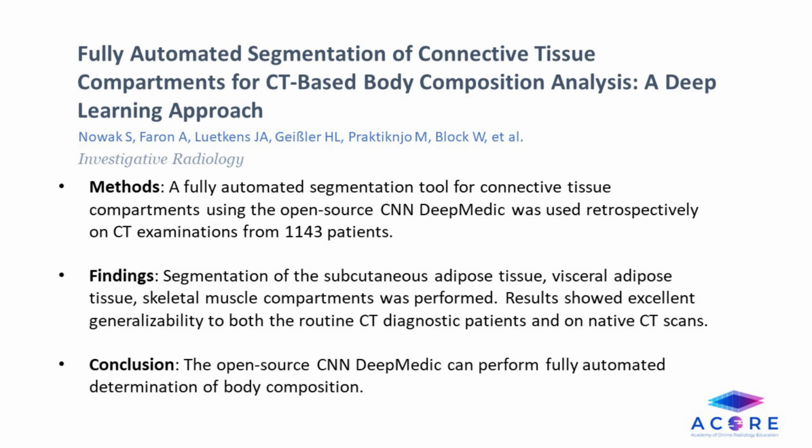Segmentation of the subcutaneous adipose tissue, visceral adipose tissue, and skeletal muscle compartments was performed. The results showed excellent generalizability to both the routine CT diagnostic patients and on native CT scans. So the authors concluded that this open source convolutional neural network called DeepMedic can perform fully automated determination of body composition.